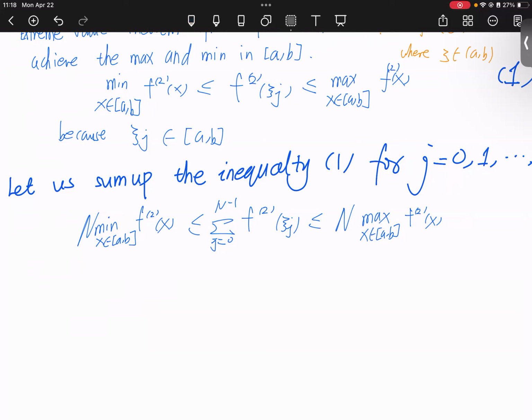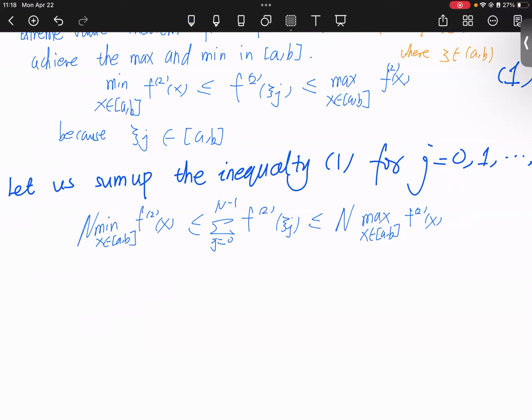On the left hand side and on the right hand side, you will see the n, the number of the Cjs we have. Let's do the calculation, dividing the inequalities by n, and we get this.